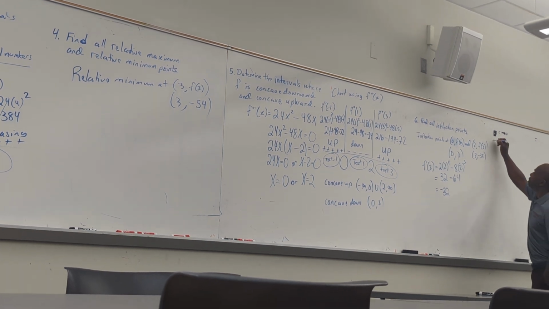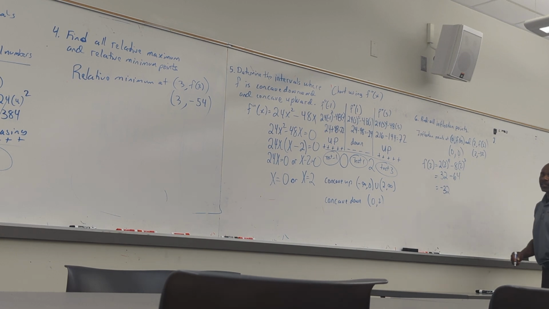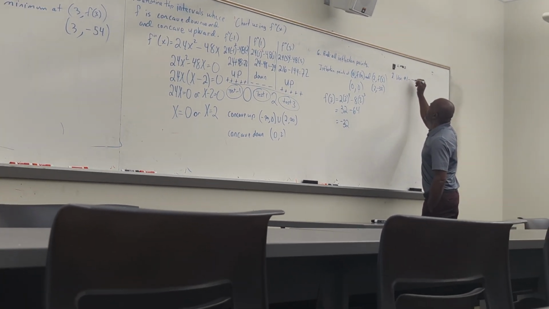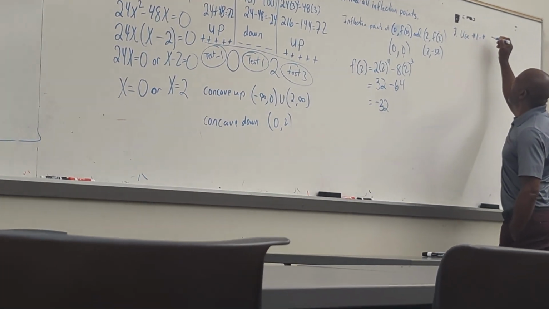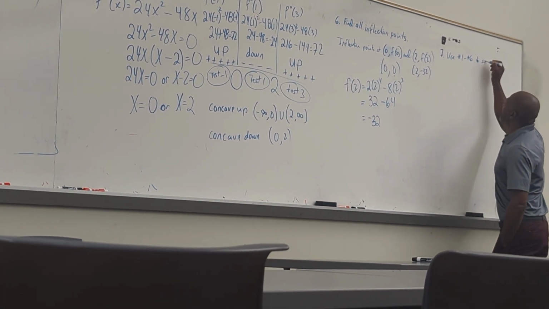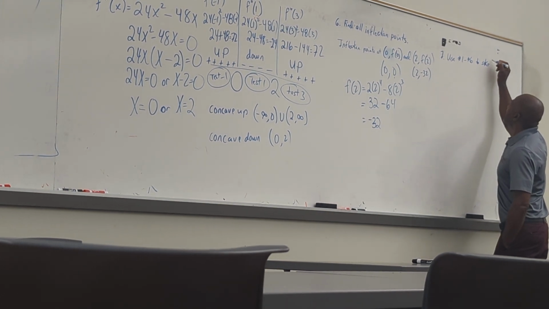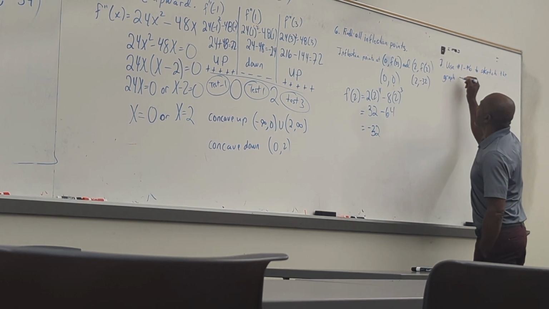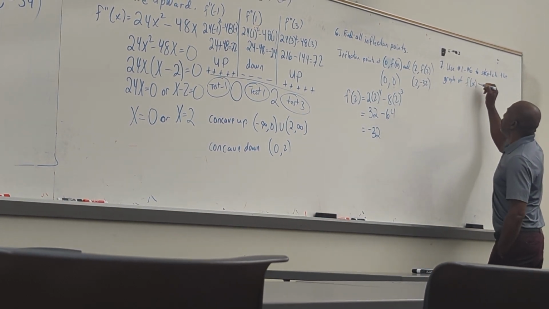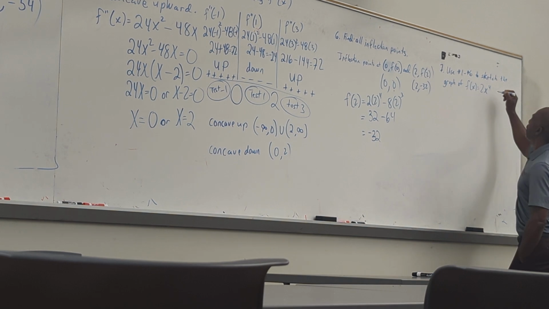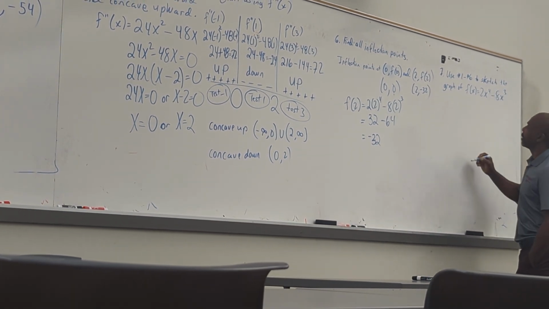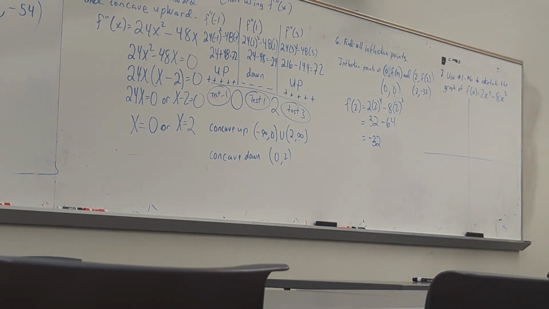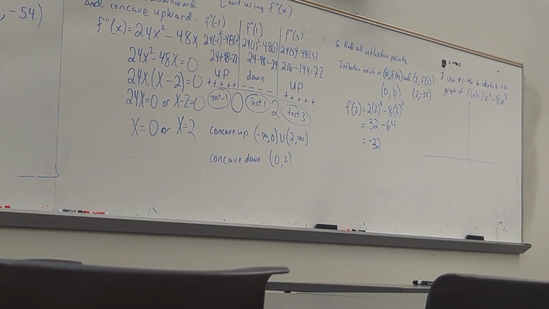So we go to problem number 7, and it says use parts 1 through 6 to sketch the graph.